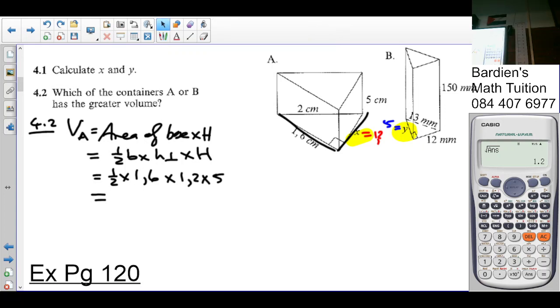Half times 1.6 times 1.2 times 5. 24 over 5, which is 4.8 centimeters. There's centimeters there, so I must write centimeters. When there's no marking on it, then I write units. Cubed. Yes, absolutely. What are we going to do without you, my girl?